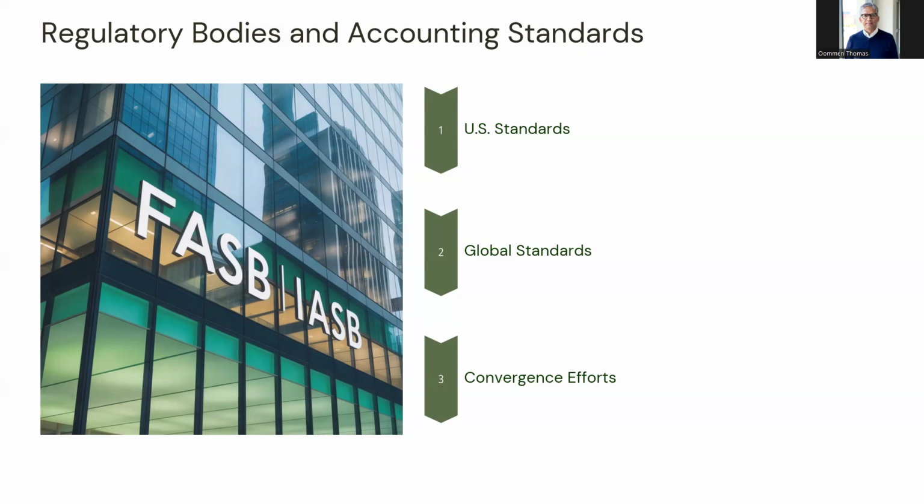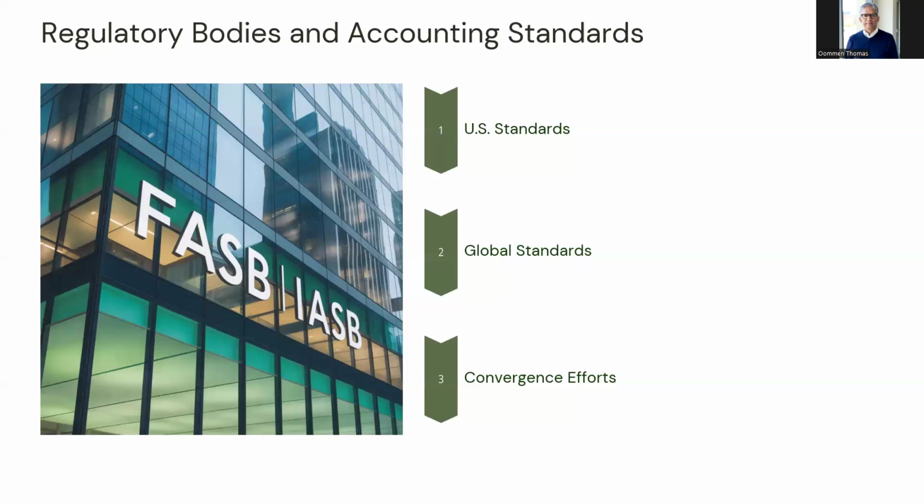In the US, the entity that sets the rules is called the Financial Accounting Standards Board, FASB. FASB develops the generally accepted accounting principles, otherwise referred to as GAAP, which serves as the foundation for financial reporting by US public companies and even private companies and nonprofits.